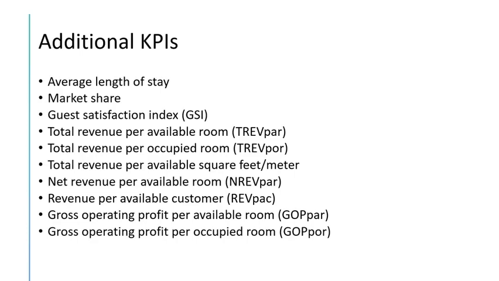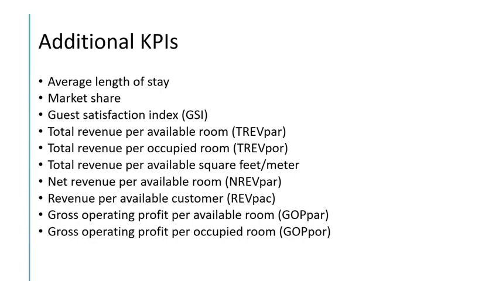So your focus is not only room revenue, you are looking at other revenue generating departments, including your function space, your food and beverage, your spa, your rental space, whatever space you have that you sell within your property. And there are some nuances, like differences, for example, available room versus occupied room. They show you different statistics, or revenue per available square feet or square meter. In this measure, you are looking at all the potential space you can sell in your hotel, right?